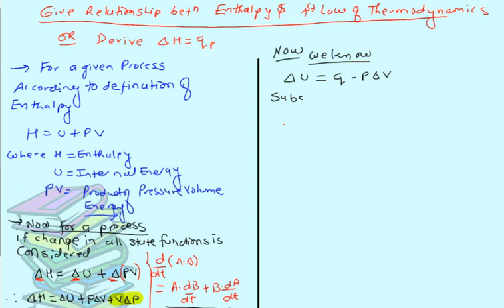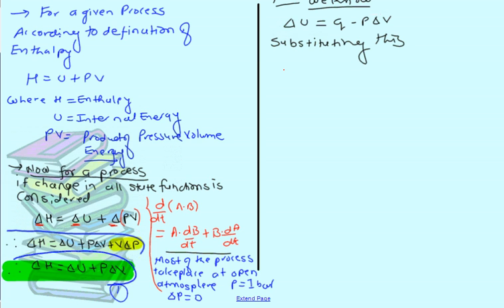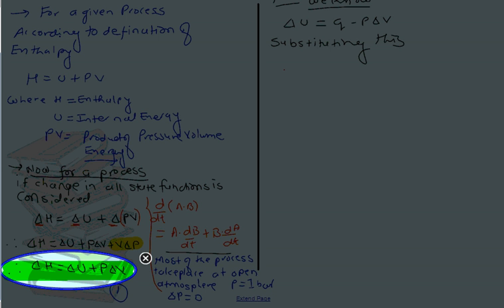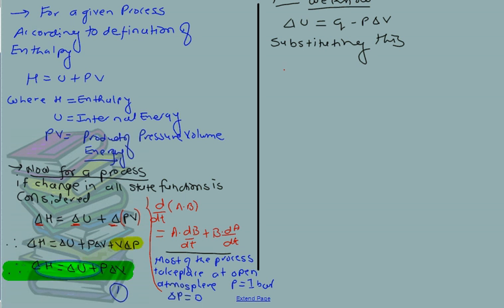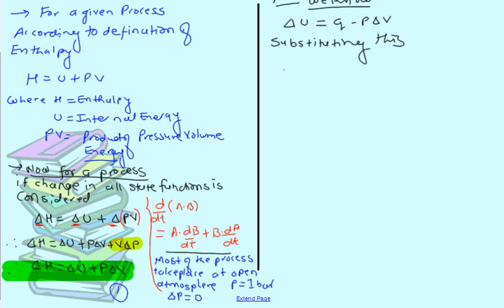Substituting this in the formula delta H equals delta U plus P delta V, if we substitute the value of delta U, then delta H equals Q minus P delta V plus P delta V. Minus P delta V and plus P delta V get cancelled. Therefore, delta H equals Q.